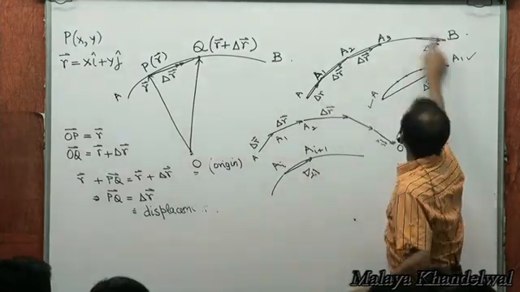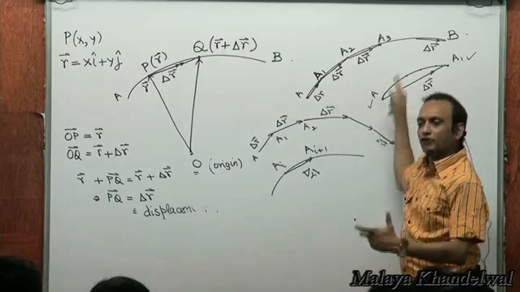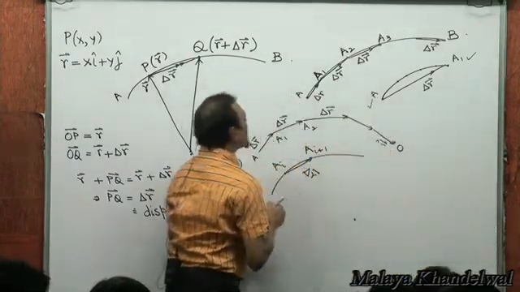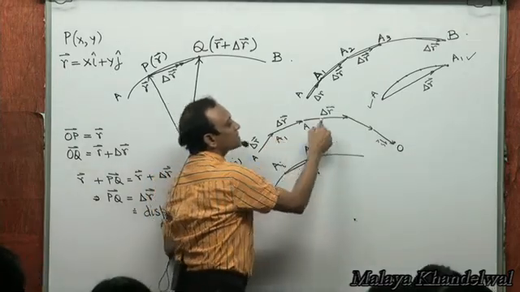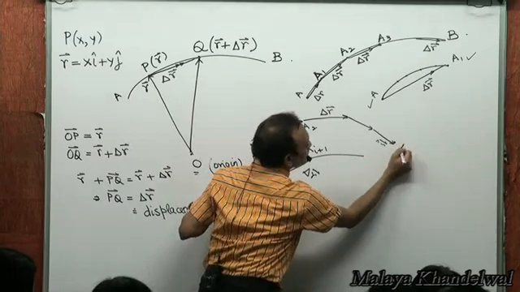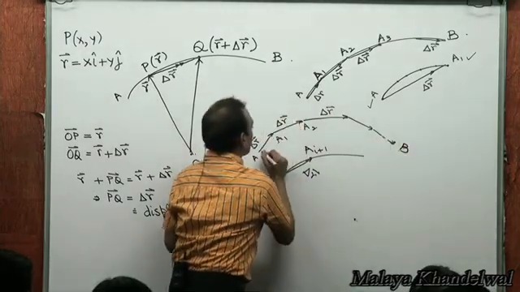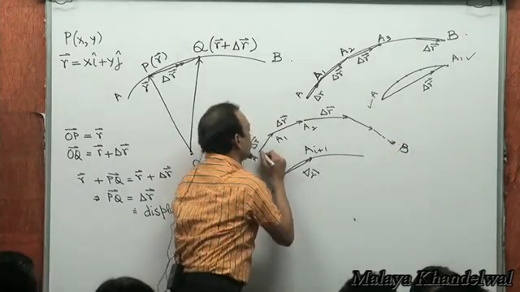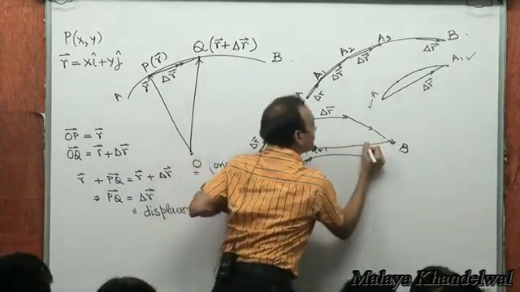I have broken down this curve into a finite set of delta r's, and realize that effectively this delta r, this delta r, this delta r from A to B, if I have to vectorially add all these delta r's, what would I get? I'll get AB, isn't it?